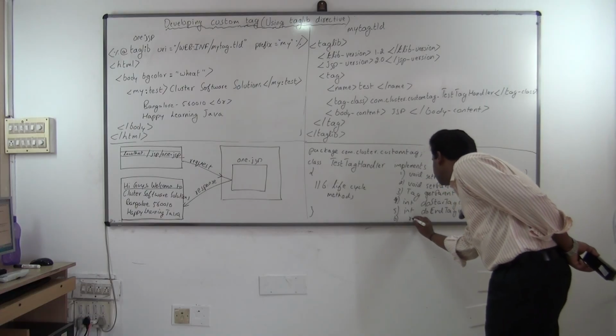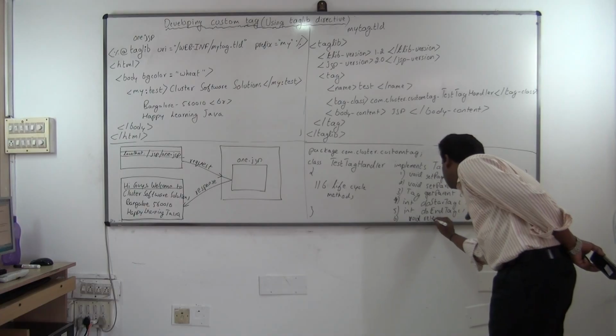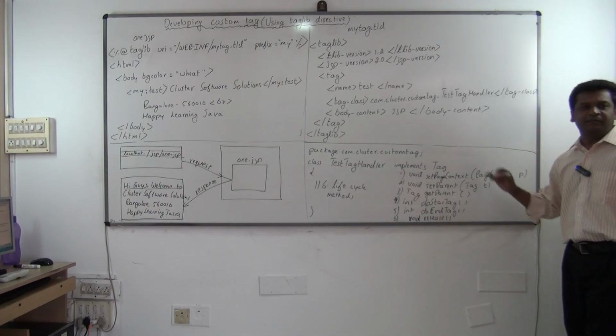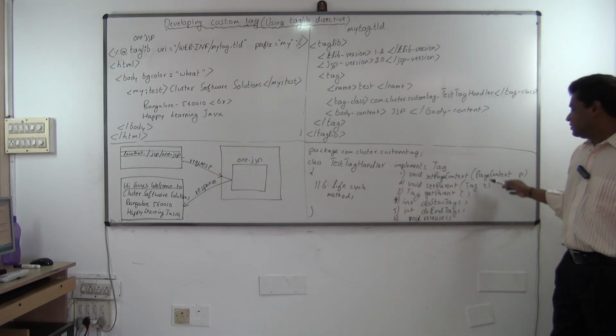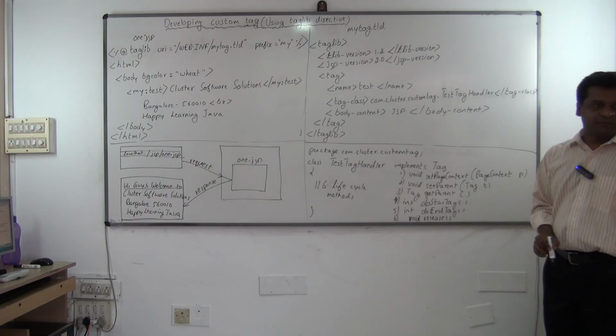Sixth one, void release. So these are the 6 lifecycle methods present in the Tag interface. Clear? So setPageContext, setParent, getParent, doStartTag, doEndTag, void release.